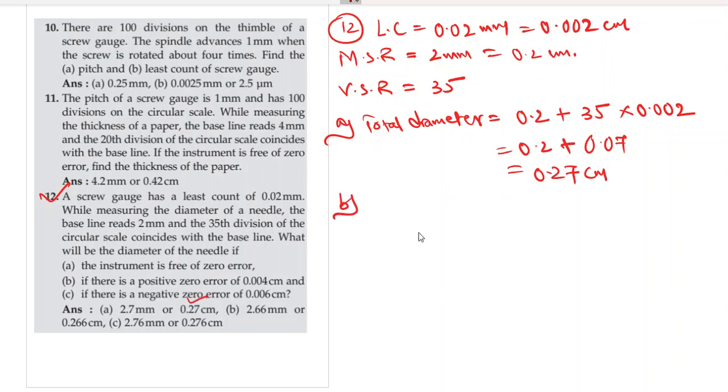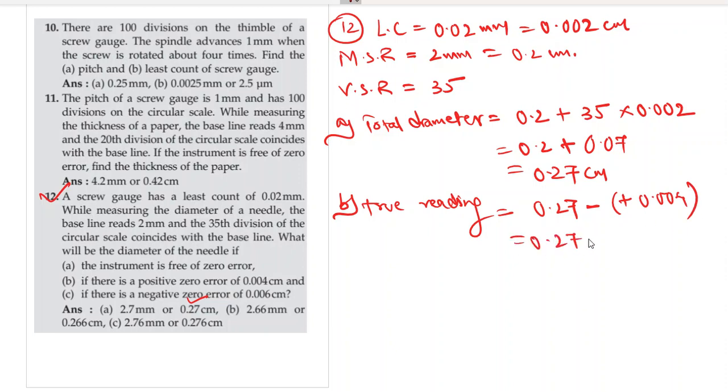Okay, B. If there is a positive zero error of 0.004 centimeter. So true reading, just like the previous question on vernier caliper, 0.27. They've directly given the zero error. So you need to subtract the zero error from the total diameter reading. Okay, 0.27 minus plus 0.004, that is 0.27 minus 0.004.